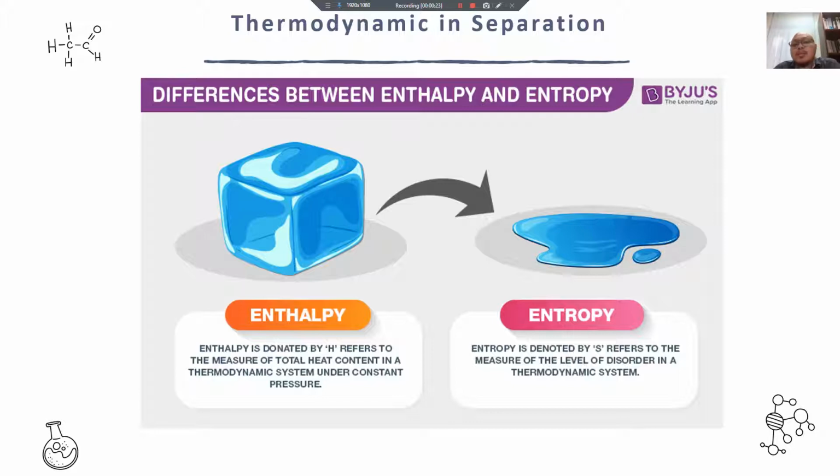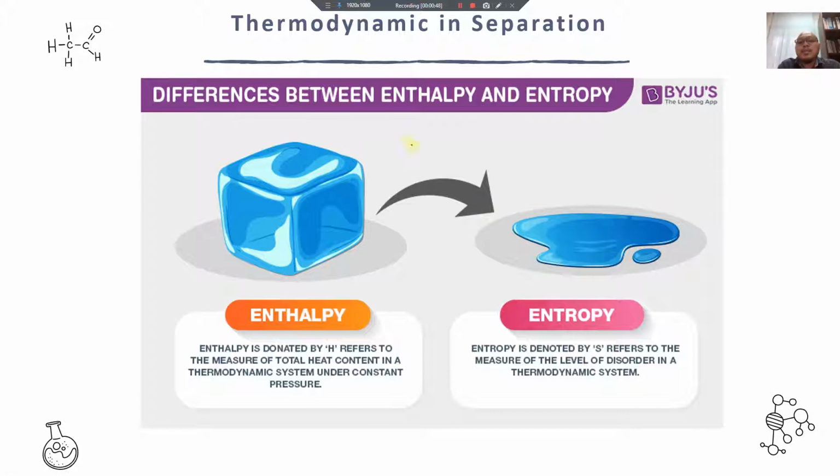Right, so in the thermodynamic inspiration, before we go into detail, I want to give some refreshment about enthalpy and entropy. The enthalpy refers to the change of heat in the system. For example, from this to this, how much heat. But for the entropy, it is the disorderness.